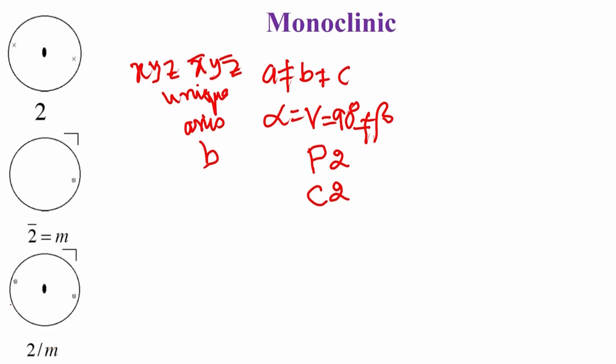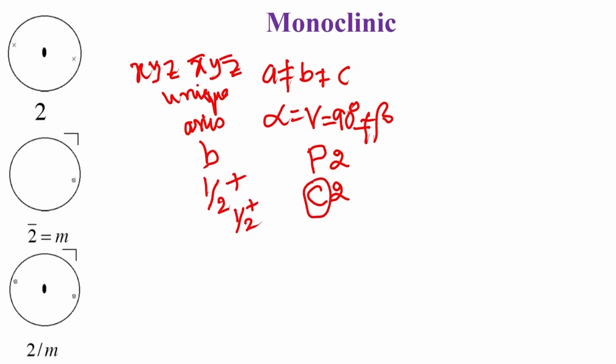So, at this time we will add a half along x and a half along y. So, we represent the so-called C centered lattice.